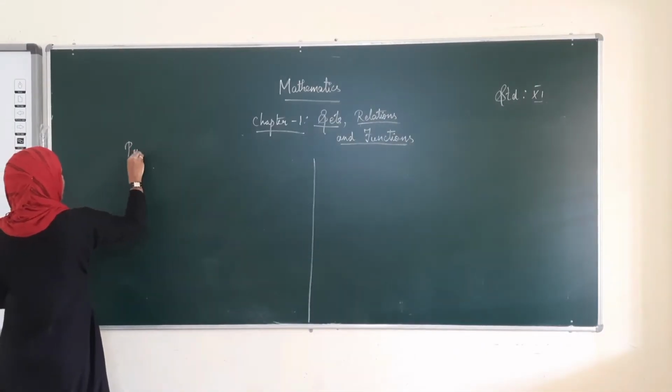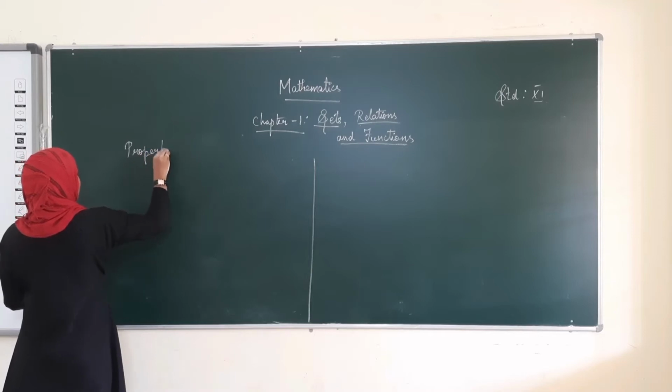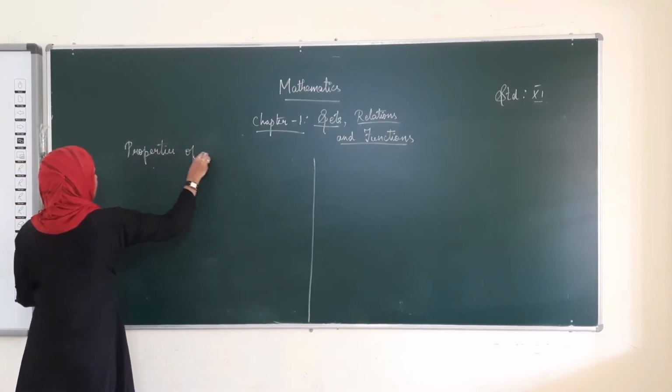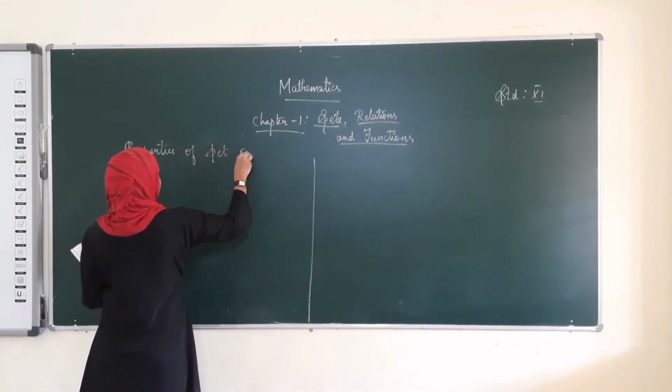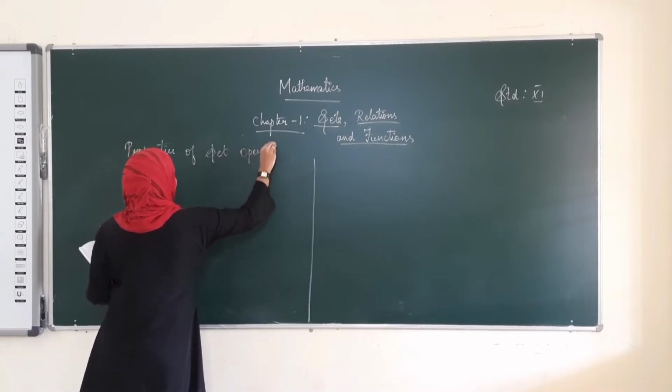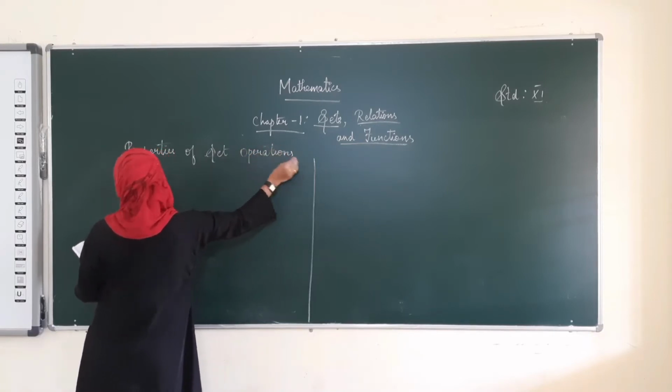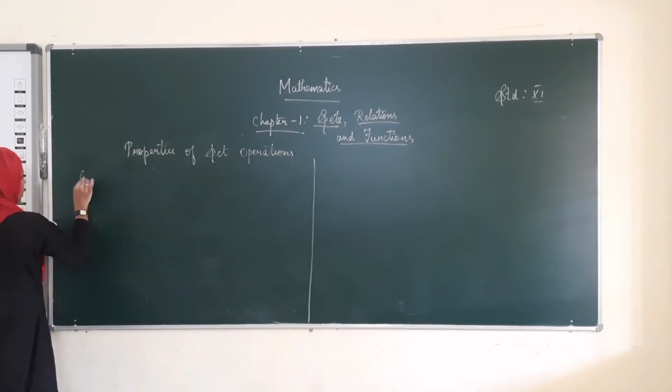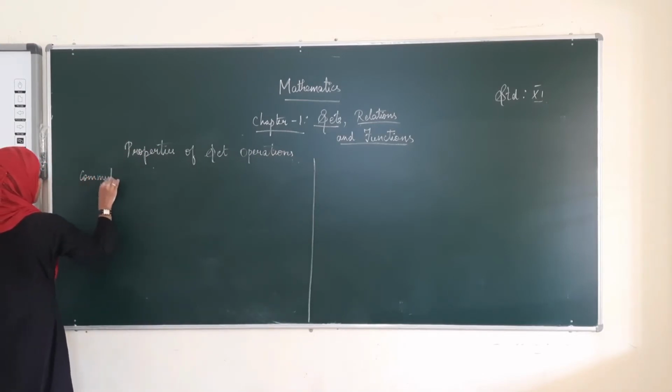Properties of set operations. First one is the commutative property.